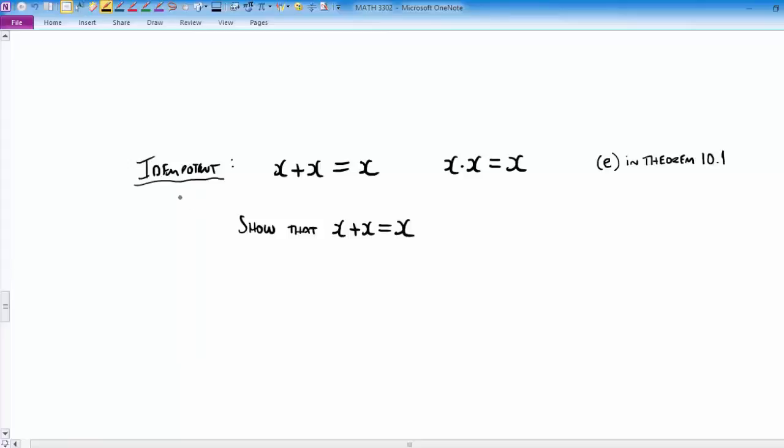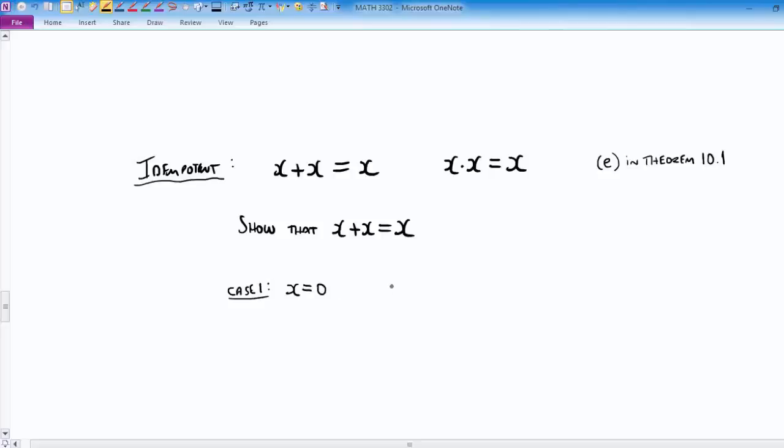Let's take a look at this property, the idempotent property. It's actually really easy to prove because this equation has only one variable, so we can simply split it into 2 cases. Case number 1, suppose x is 0.